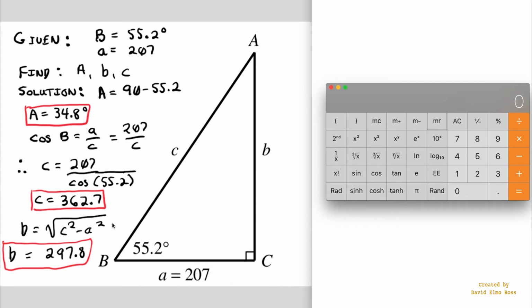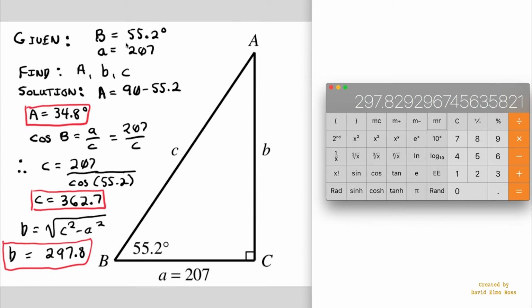Then minus a squared. A we know is 207, so 207 squared, memory minus, memory recall, and all we have to do is take the square root of that, and we find that our opposite side, b, is 297.8.